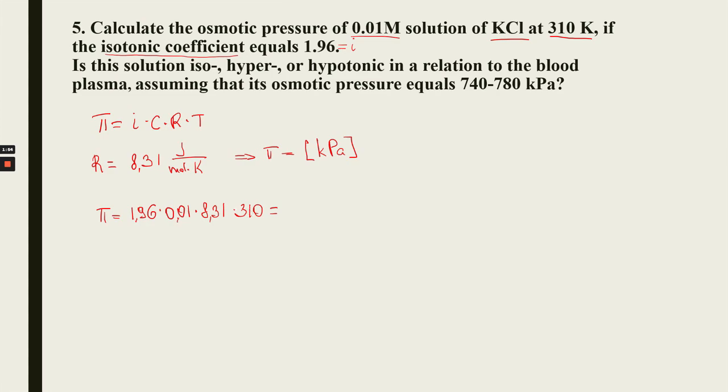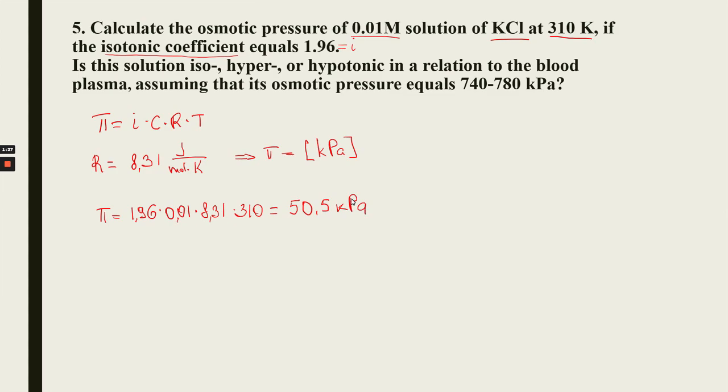And if I do all those calculations, I will find that osmotic pressure is equal 50.5 kilopascals.